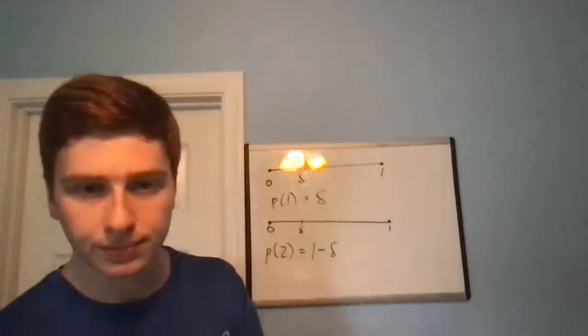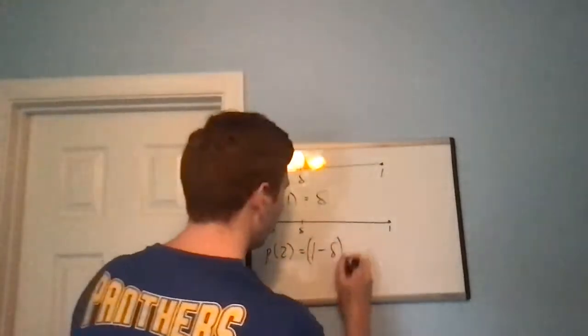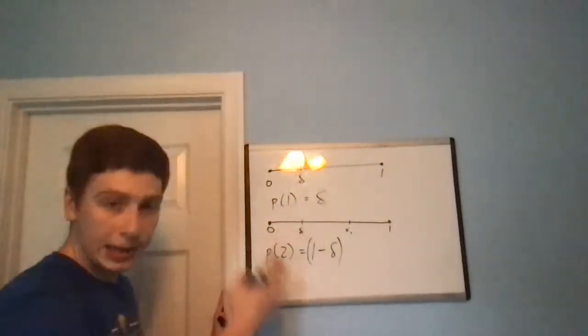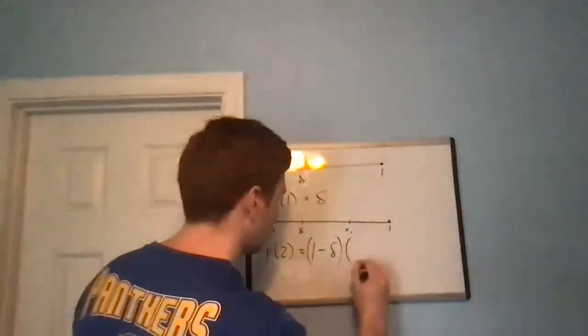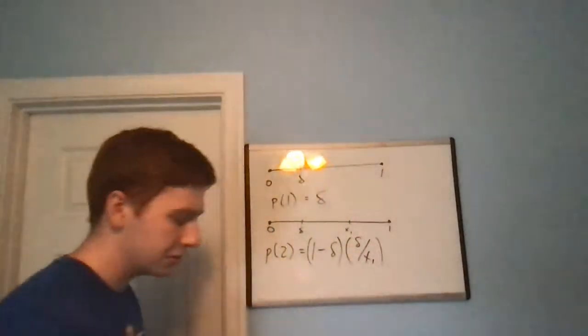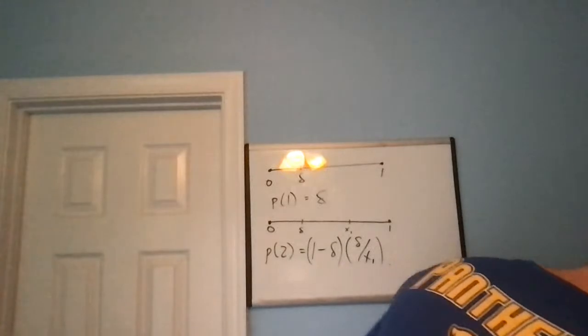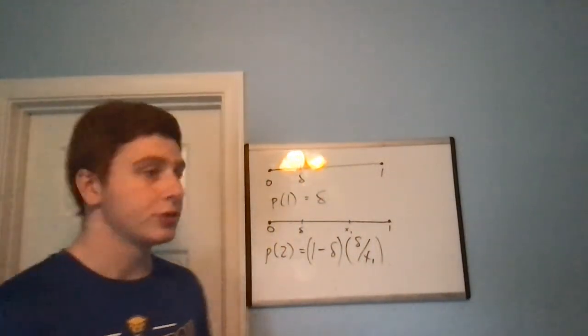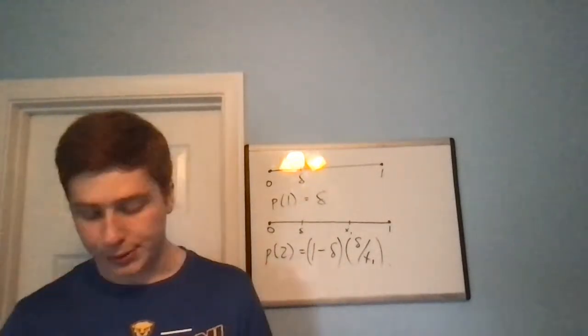And then given x1 is a certain value, the probability that x2 lies in the correct range is going to be delta over x1, depending on what x1 is. So what that means is we're going to have to do an integral, because we have to integrate over all the possibilities for x1.